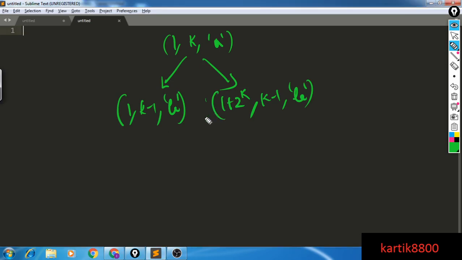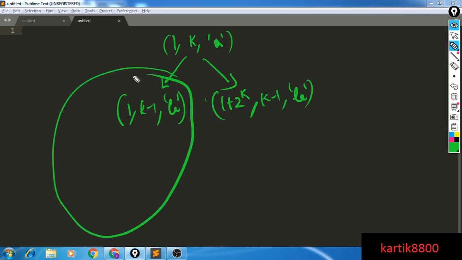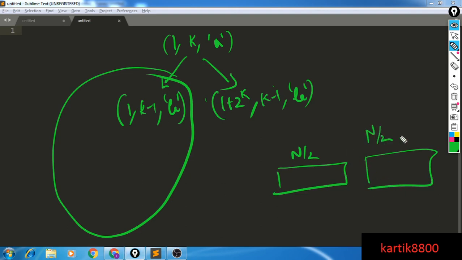Now no subproblem from this left subtree will be common to the right subtree, because this left area will always represent the first n by 2 elements of your substring, whereas the right area will always represent the right side n by 2 elements.